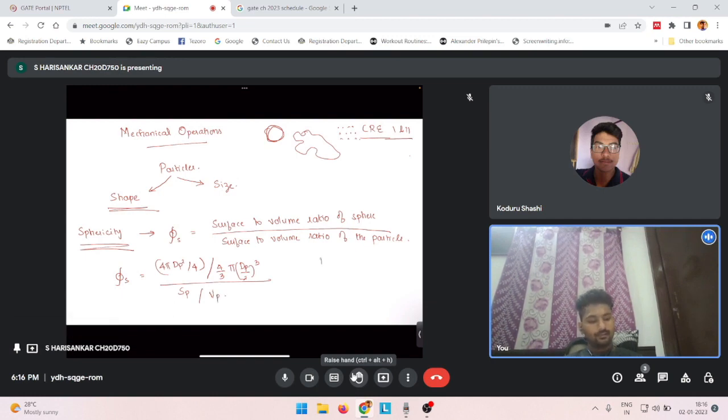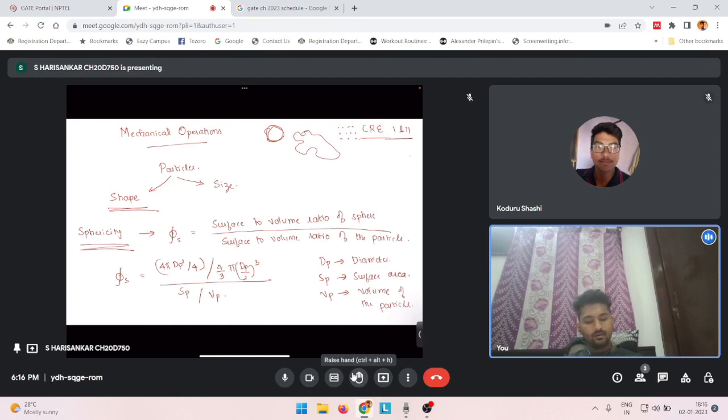Here dP means the diameter, Sp is the surface area, and Vp is the volume of the particle, and the P represents the particle.